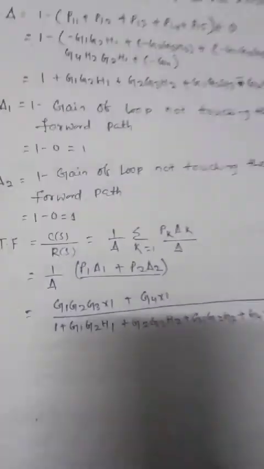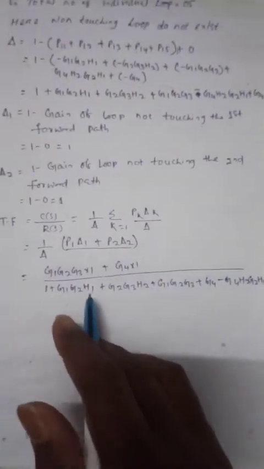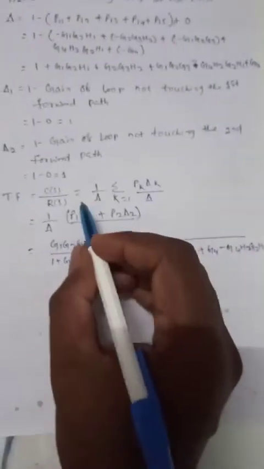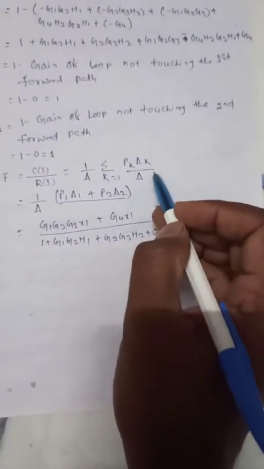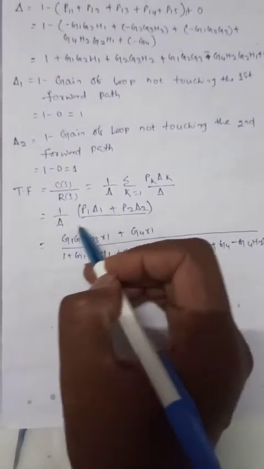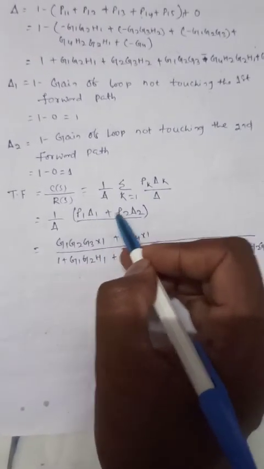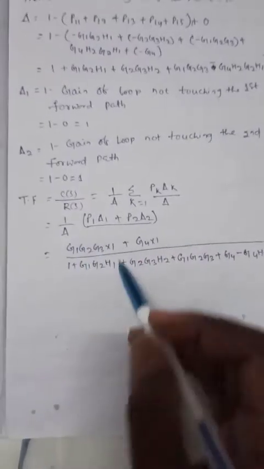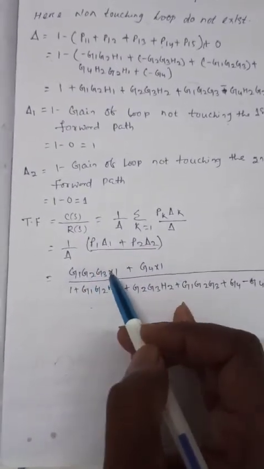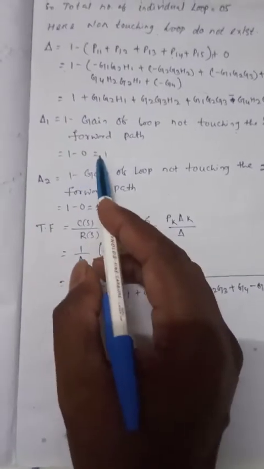Then find the transfer function. The transfer function C(s)/R(s) is equal to 1/Δ times the summation over k of Pk Δk. Here k equals 1 to 2, so P1 Δ1 plus P2 Δ2. The first forward path value is G1 G2 G3 and Δ1 is 1.